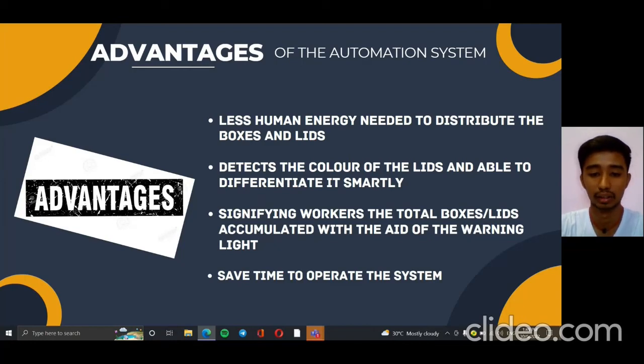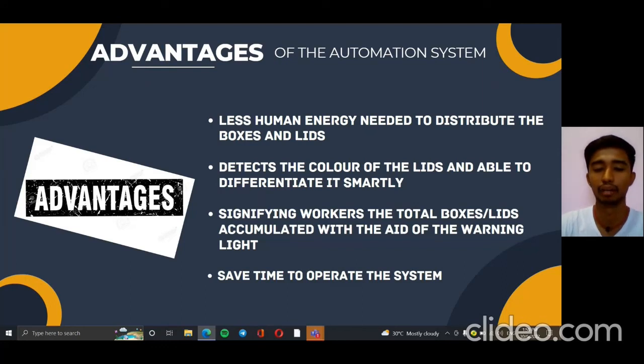Third, signifying workers of the total boxes and leads accumulated with the aid of the warning light. The warning light will alert the workers to signify the total boxes and leads that have been collected in the boxes, so it will help them watch the number, and it will be easier for them to make box by box, like a dozen.